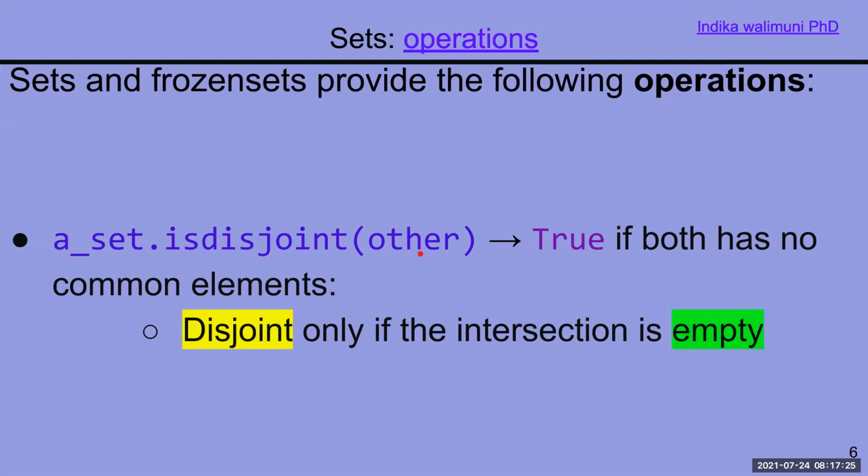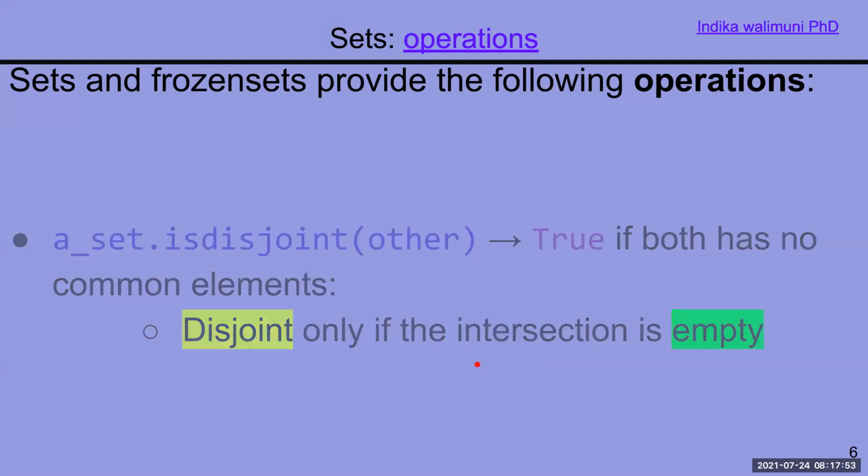If the two sets don't have any common elements, we call those sets disjoint. If the two sets are disjoint, this returns true. That means there's no intersection. So sets are disjoint only if the intersection is empty.